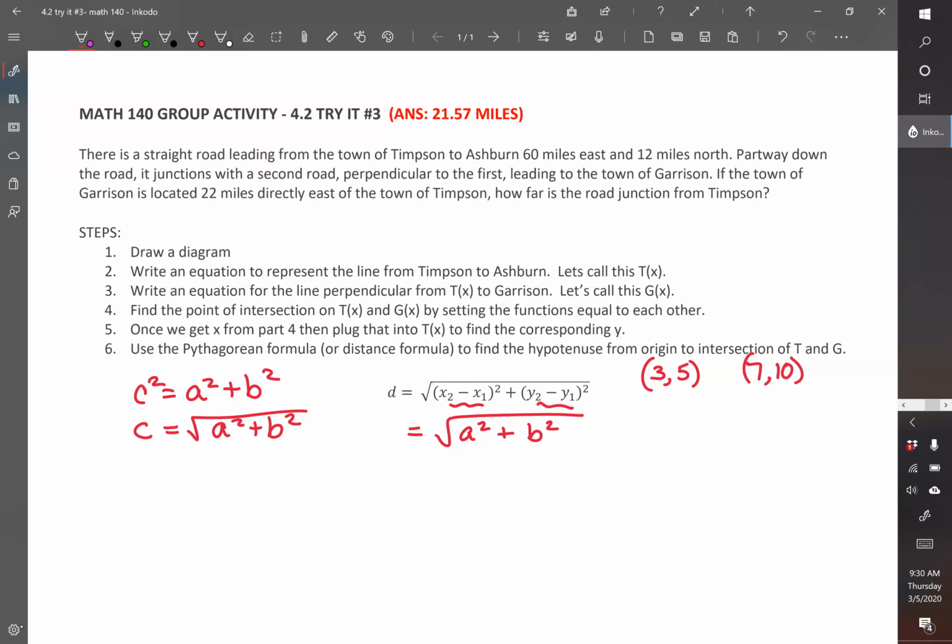So I'm going to use the distance formula. Now I could just use the Pythagorean theorem. I could just figure out what's the difference in my x's and pop it in there, right?